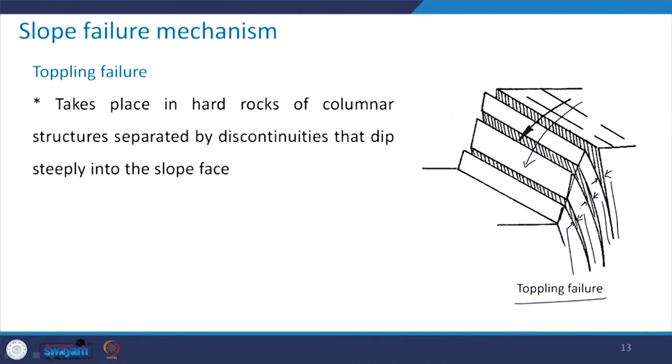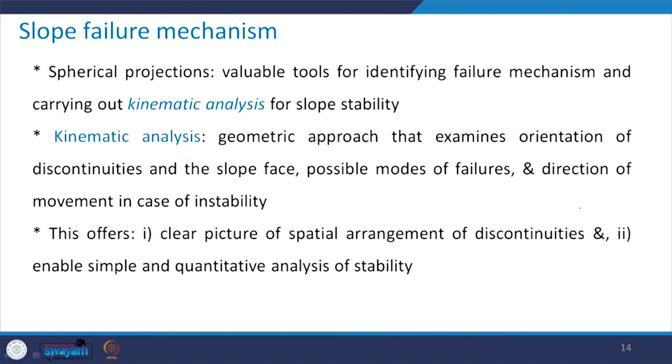Now, let us try to see how to make use of this geological data representation in the kinematic analysis of the slope failure. These spherical projections are quite valuable tools in identifying the kind of failure mechanism that may take place, whether it can be plane, wedge, circular, or toppling type of failure.